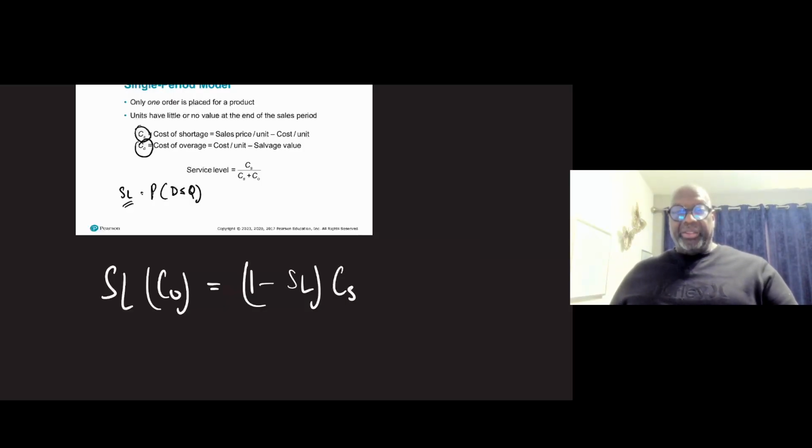So the service level times CO should be approximately equal to 1 minus the service level. Well, what is 1 minus the service level? That's the stock out risk. The risk of a stock out times the cost of stocking out, CS. So that's what we're trying to balance. The expected cost of excess, which is SL, the service level, times CO. So let's make a note here.